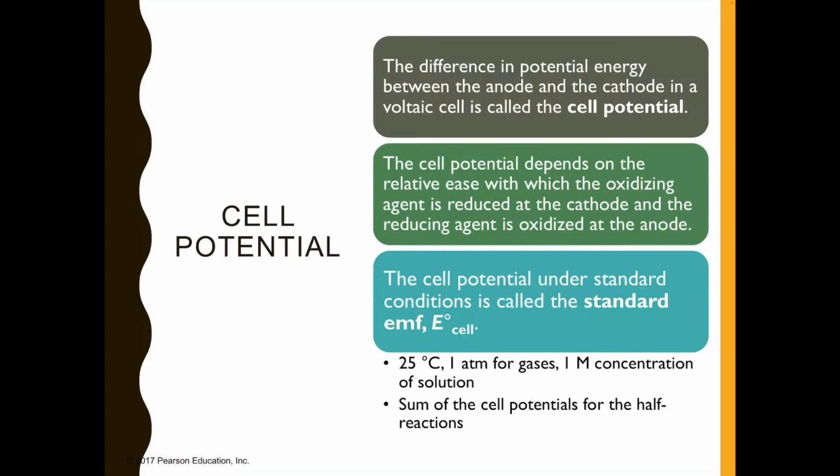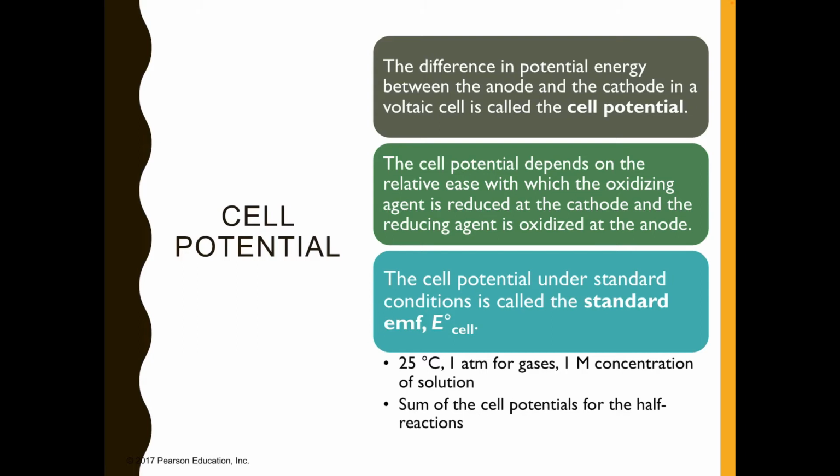So the difference in potential energy between the anode and the cathode in a voltaic cell is called the cell potential. Okay, and we're going to look at the cell potential with respect to how easy it is to reduce one thing or another. Okay, we're going to look at how easy it is to oxidize something at the anode or reduce something at the cathode.